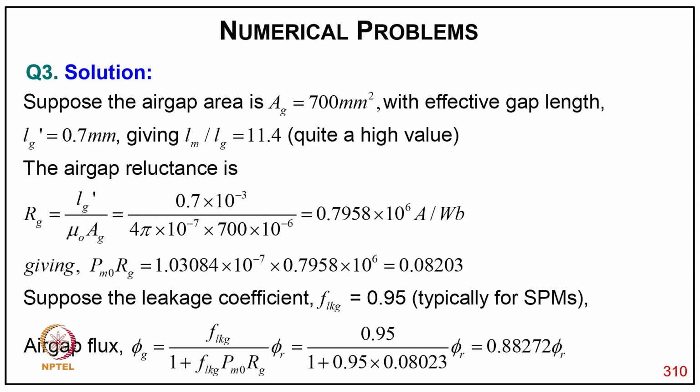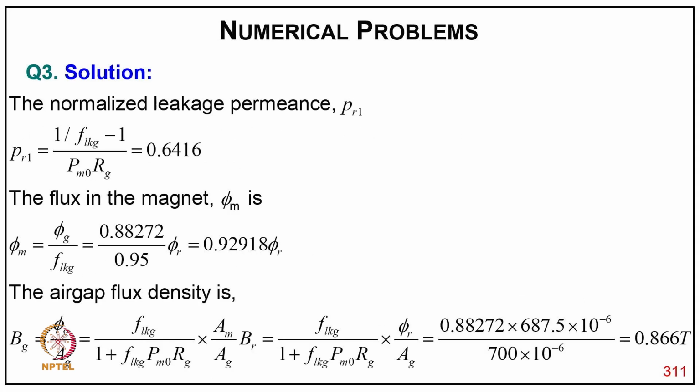So the air gap flux is phi g equal to fLk phi r divided by 1 plus fLk Pm0 Rg. Putting values it comes 0.88272 phi r, and the normalized leakage permeance Pr1 equal to 1 upon fLk minus 1 divided by Pm0 Rg.